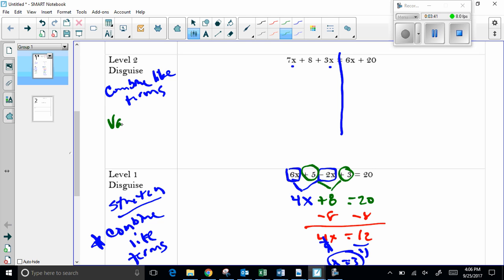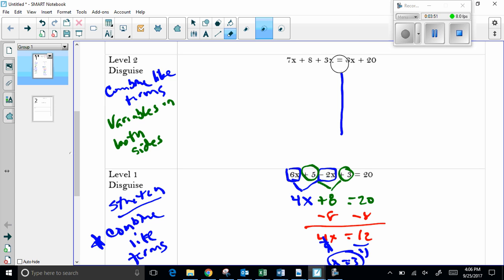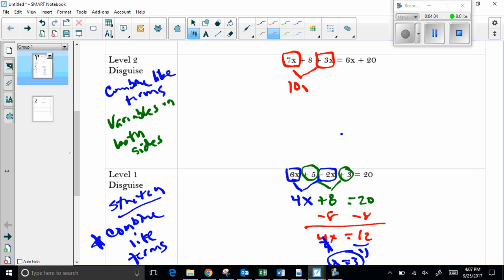So variables on both sides. That's crazy. Let's try fixing this one. First of all, let's take our 7x and our 3x and combine them to make 10x. So now I've got 10x plus 8 is equal to 6x plus 20.